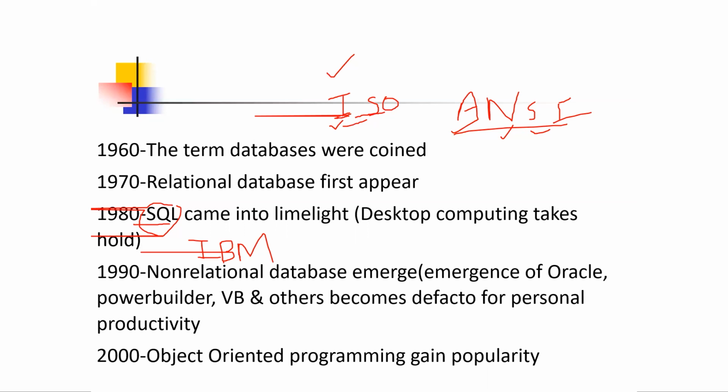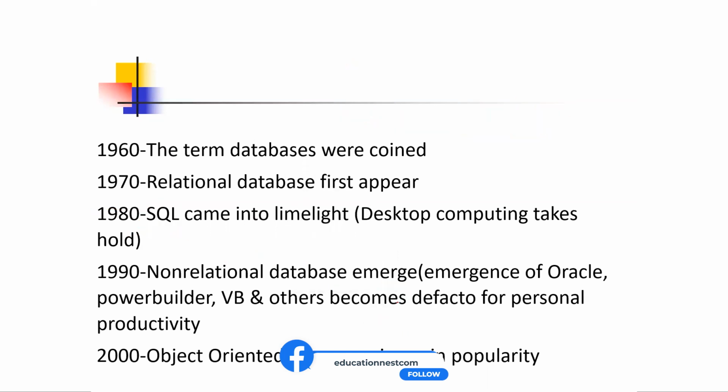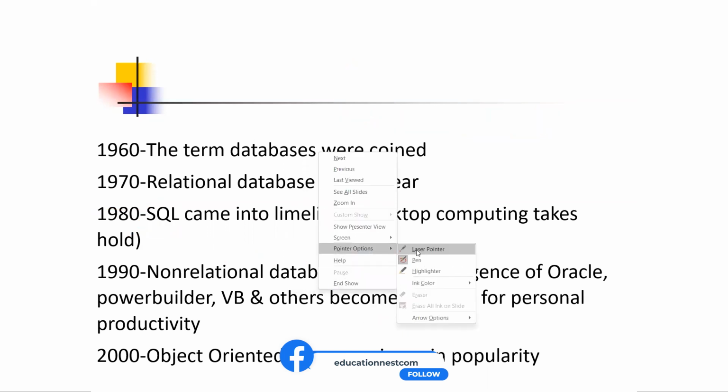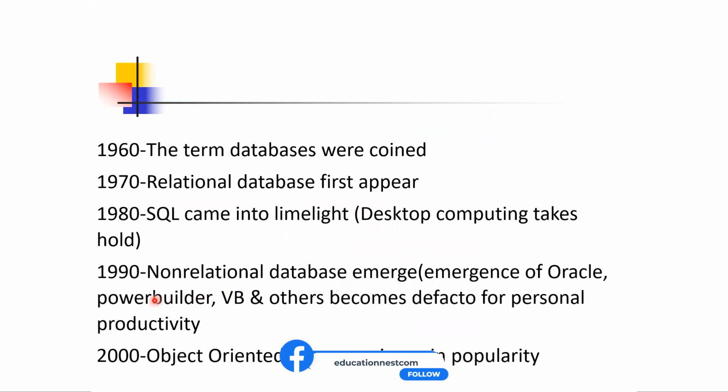After this, many other models came into existence. In 1990, non-relational databases, meaning without tables, emerged, along with Oracle, PowerBuilder, Visual Basic, and others.